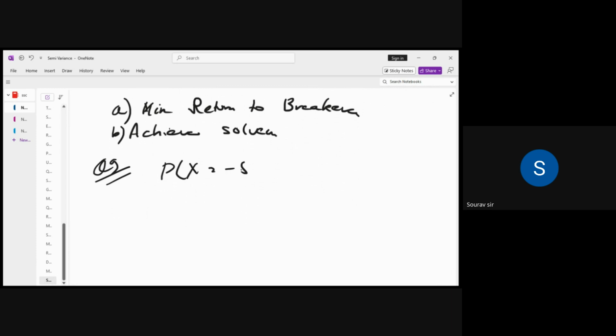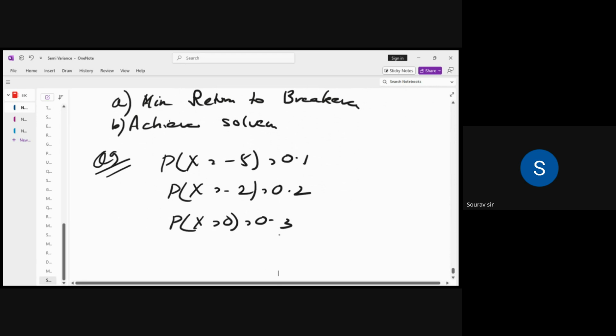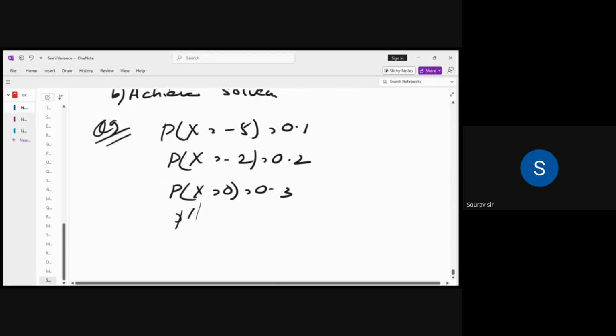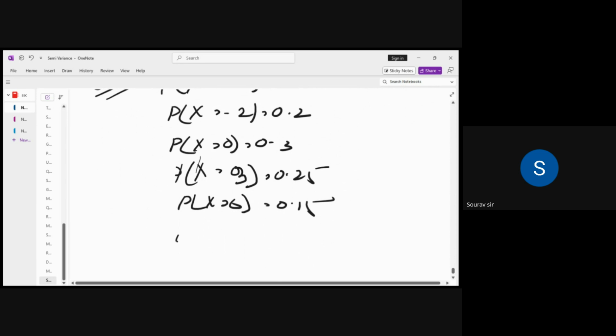P(X) for X equal to minus 5 is 0.1, for minus 2 is 0.2, for 0 is 0.3, for 3 is 0.25, and for 6 is 0.15. I have to calculate the expected shortfall with L being 3.